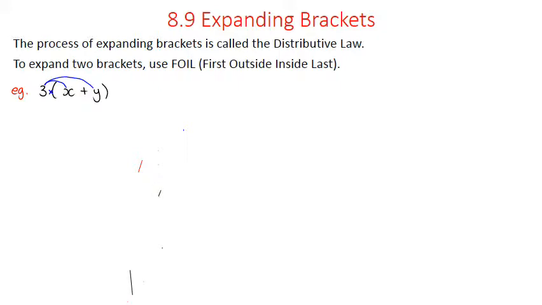So 3 times the first term, 3 times x, is 3x. And we have a plus. And 3 times y is 3y. Of course, 3x and 3y are not like terms, so we can't add them. We just leave them as they are.